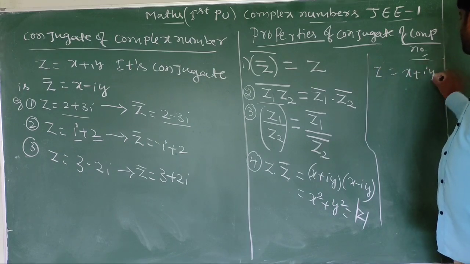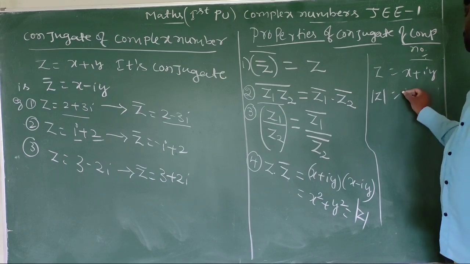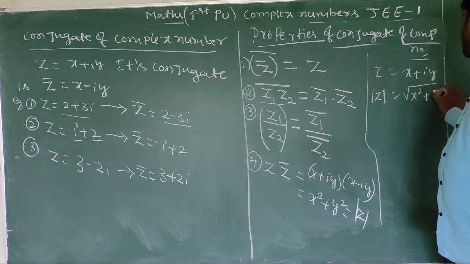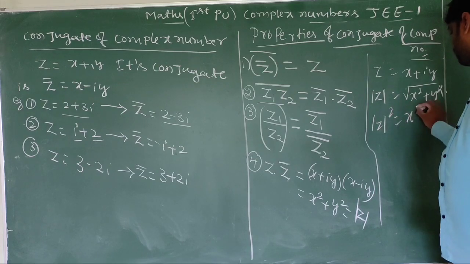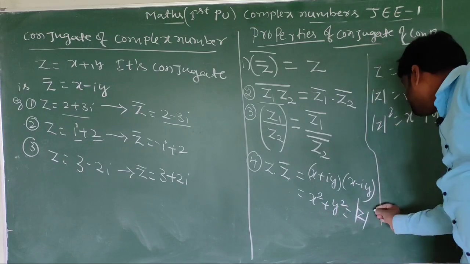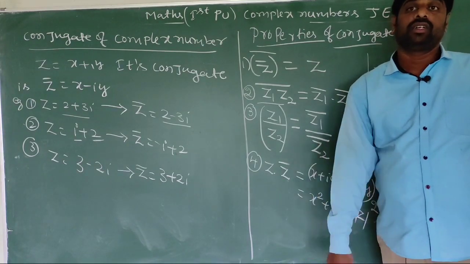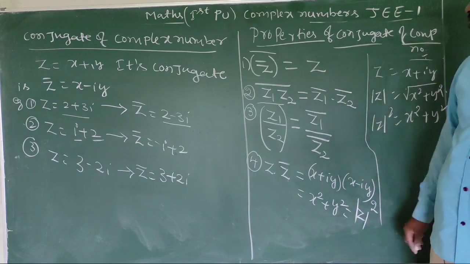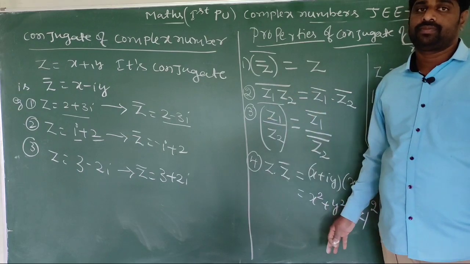Suppose z is equal to x plus iy. Modulus of z is equal to square root of x square plus y square. That is, modulus of z square is equal to x square plus y square. So these are the first property of z bar.